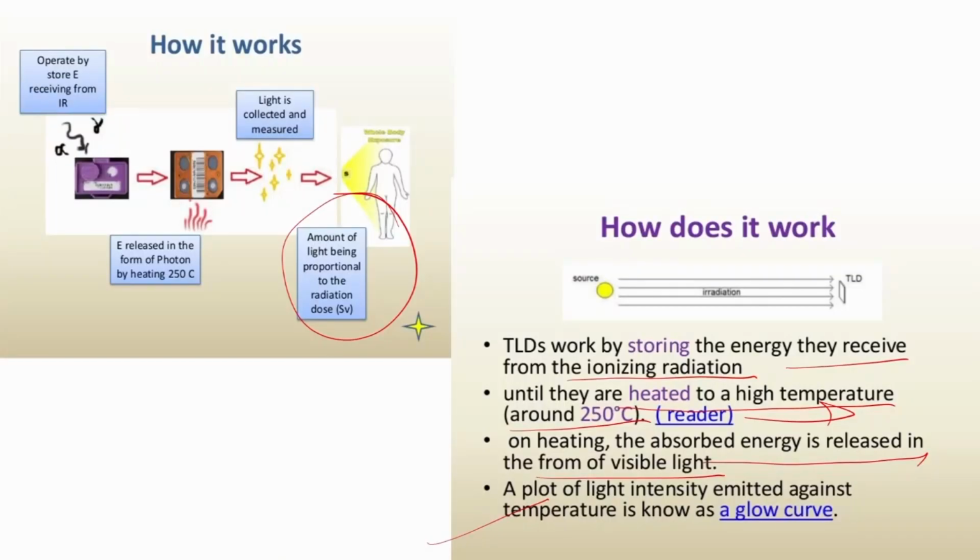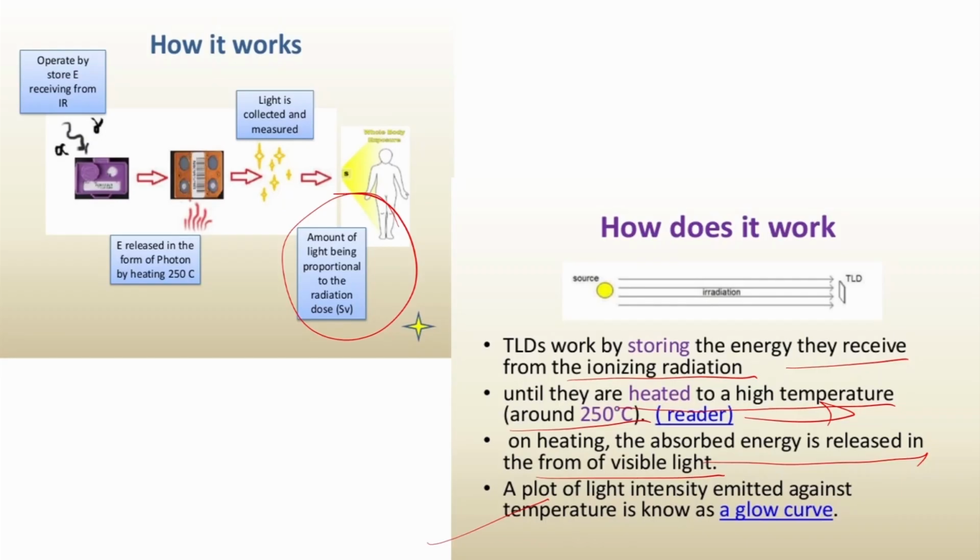TLD works by storing the energy it receives from the ionizing radiation to which the radiation worker is constantly exposed in the field of radiation, until it is heated to a higher temperature, around 250 degrees Celsius. This happens in a TLD reader, which we will see further. On heating, the absorbed energy is released in the form of visible light. That visible light is recorded, and that recorded light is the recorded dose.